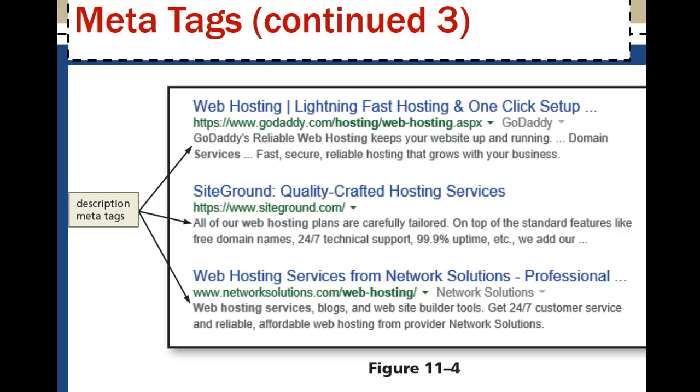The description is what some of the search engines show below your web pages, so this is very useful. In the description meta tag, description is the value for the name attribute. The value of the content attribute is the descriptive sentence about the program, the goal of your website. So here you can see the meta tag descriptions that the search engine is pulling.